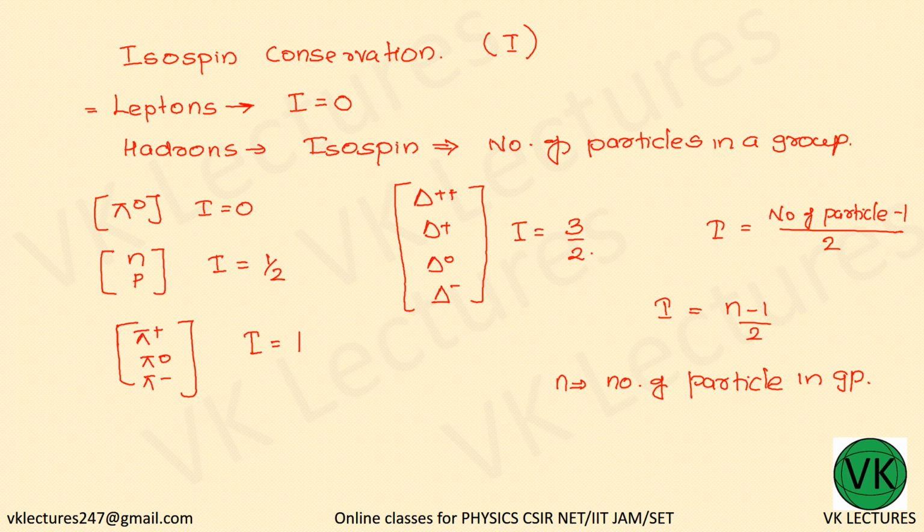Now one thing you have to remember is that for leptons isospin is equal to 0. These are only for hadrons. Only for hadrons does the isospin exist. Now what you have to remember is that all particles in the group have the same isospin.